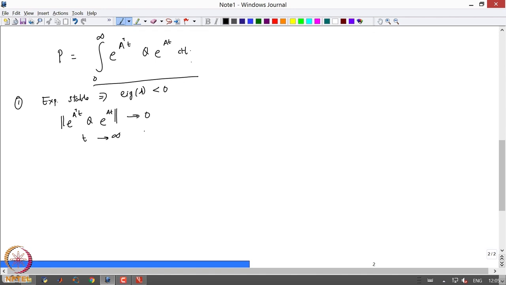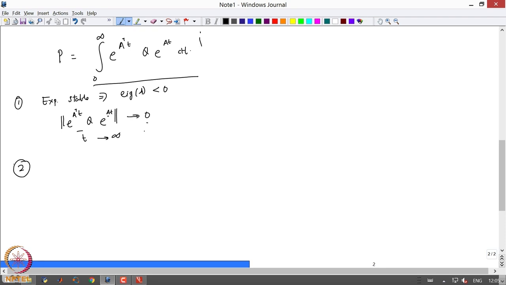What am I making use of? I am making use of the property that A is an exponentially stable matrix. Conversely, if A is unstable, then this would not go to 0; this quantity would possibly blow up and go to infinity as t goes to infinity, and in that case this integral is not well defined. So, step number 1 is done.